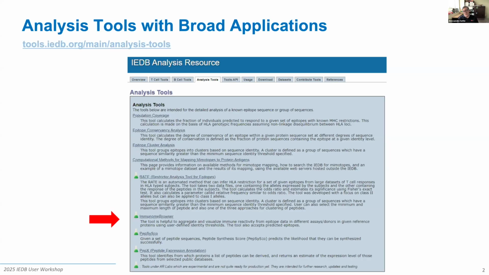So, for example, the immunobrowser. You have heard about the immunobrowser capability earlier, when we were showing you how the immunobrowser tools within a given query visualize and essentially collate all the data related to a sequence, mapping the immunogenicity density along the sequence. Now, there is also a standalone version of the immunobrowser.